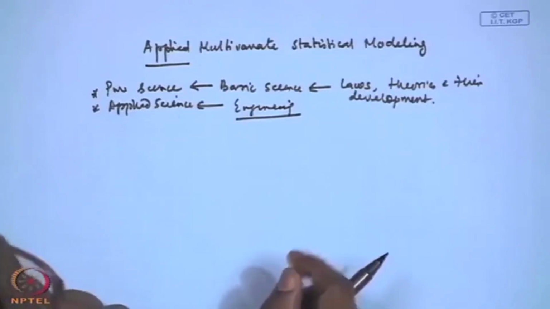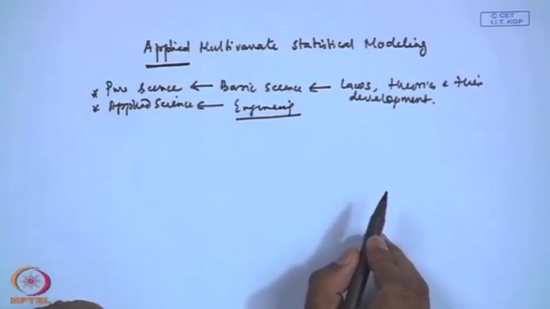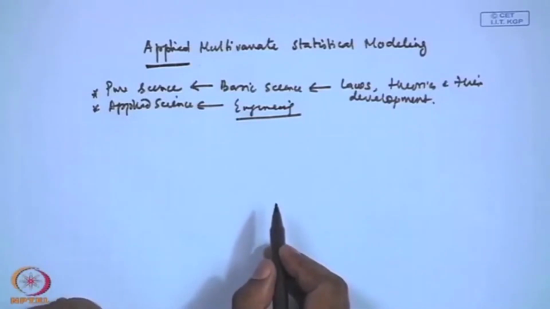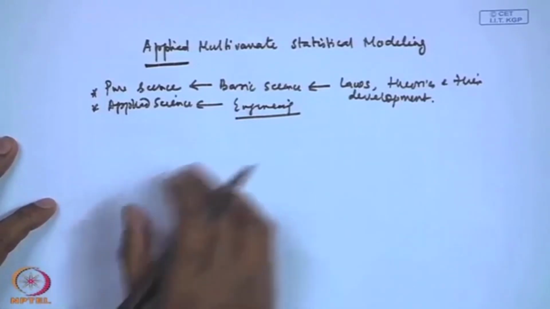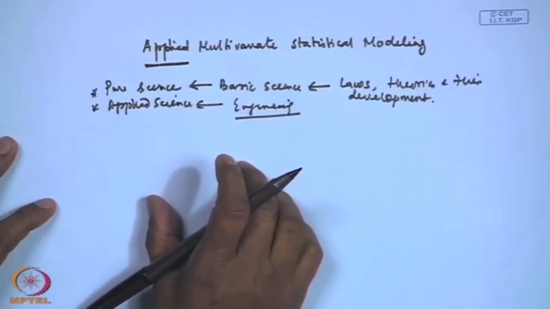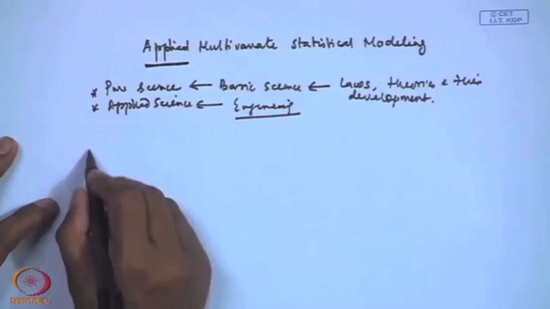Now, when I talk about applied statistics, what do we mean? I am assuming that you have knowledge of preliminary basic statistics, for example, normal distribution.